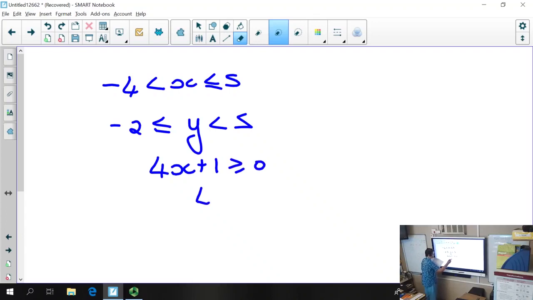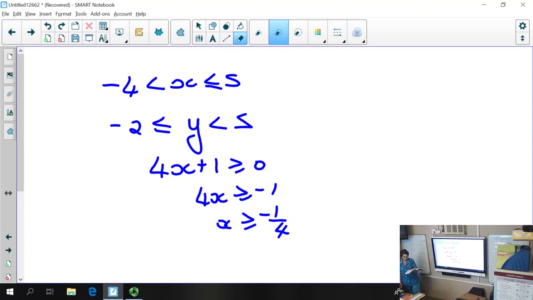That's the value that you need to find. So 4x is more than or equal to negative 1. X is more than or equal to negative a quarter. X is negative a quarter, but the root is still then positive. Can you see? I've removed the root to solve it.